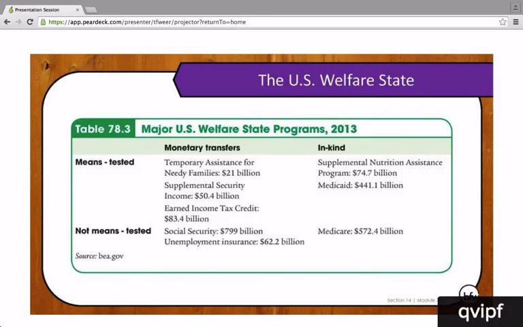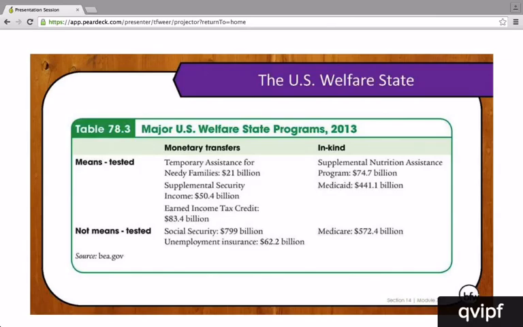So the United States has developed these anti-poverty programs that are both means-tested and non-means-tested. A program is means-tested if it is available only to those with limited means, meaning the poor. A non-means-tested program is available to anyone regardless of income. The U.S. also separates programs on the basis of whether the program provides monetary benefits to recipients or in-kind benefits.